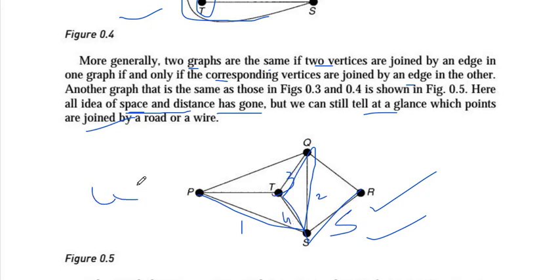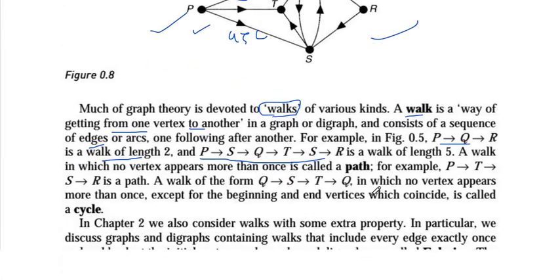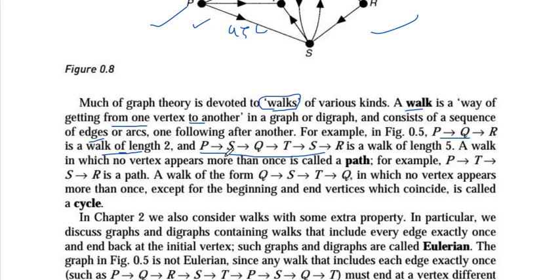So this is a walk of length 5. Yes, we have gone from P to R, but we have also decided to stop at Q and T. So P, S, Q, T, S, R is a walk of length 5. Now again a definition: a walk in which no vertex appears more than once is called a path.